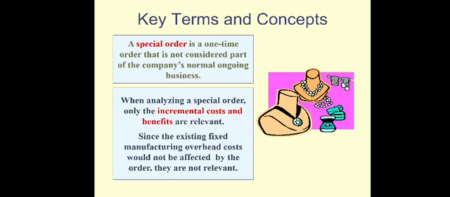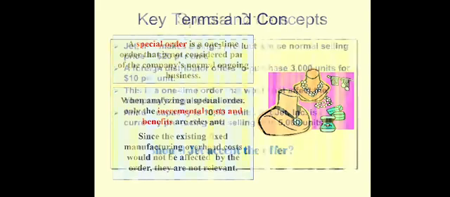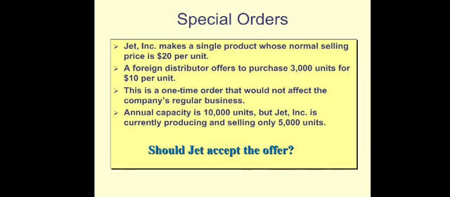Okay, so let's see the example here. This is an example related to special order. Jet Incorporated makes a single product whose normal selling price is $20 per unit. A foreign distributor offers to purchase 3,000 units for $10 per unit.